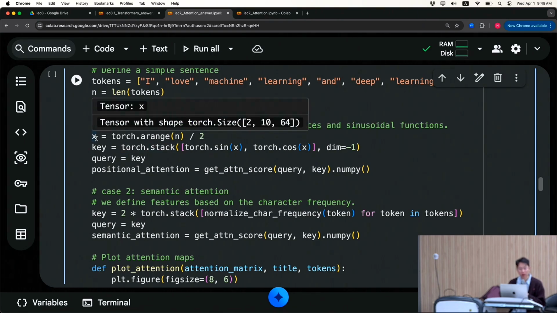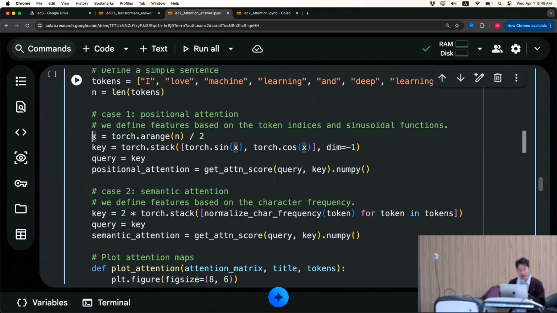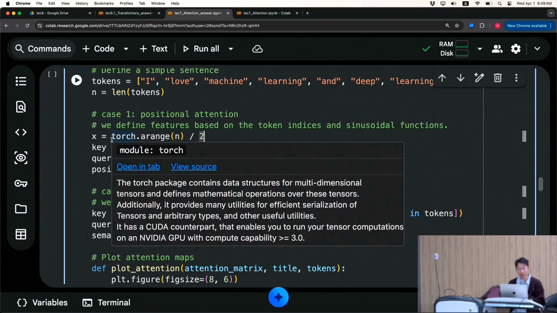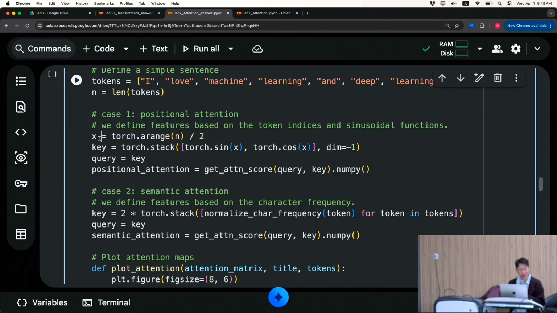To build the query and key, we're going to do the following. We create an index array starting from 0, 1, 2, all the way to the number of tokens, divide by 2, and then compute sine and cosine of x. That's going to be the key and the query, the same thing.